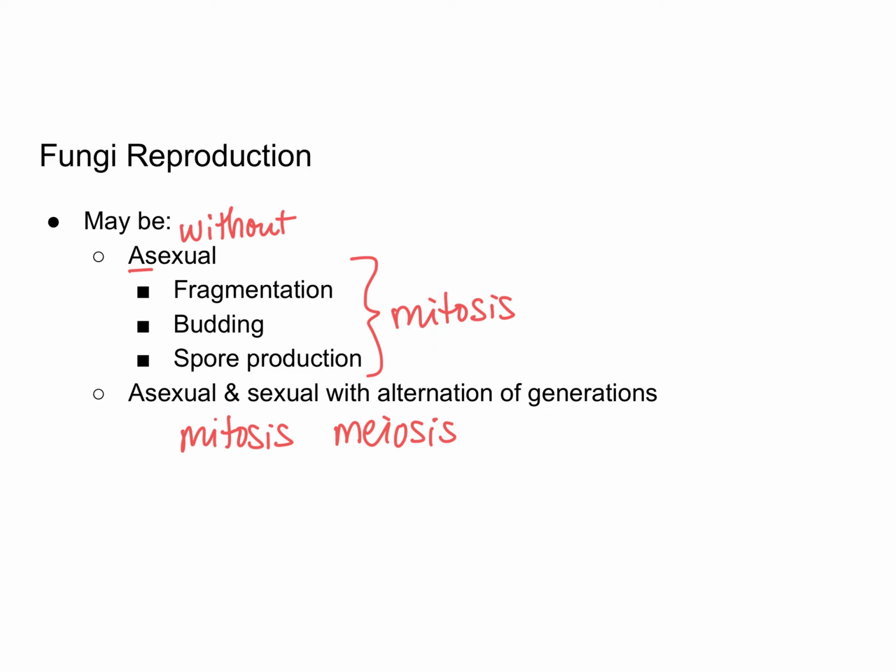Now, this is different from what happens in humans. So in humans, our primary life stage is going to be diploid. So the majority of the cells in a human's body are diploid. The only time that there are haploid cells is when we produce gametes. So when cells go through meiosis to form either eggs or sperm, depending on whether you're male or female.